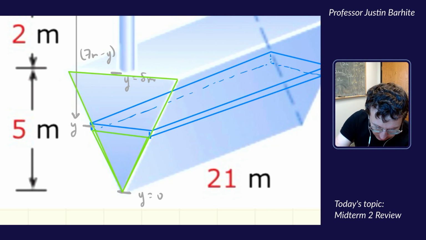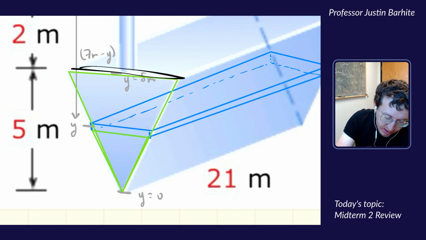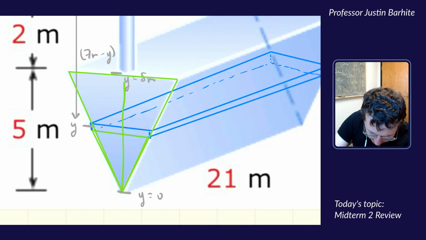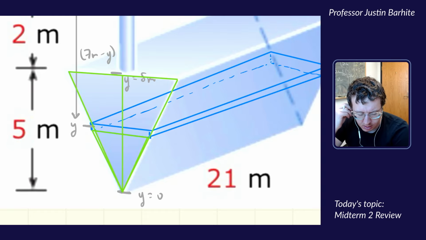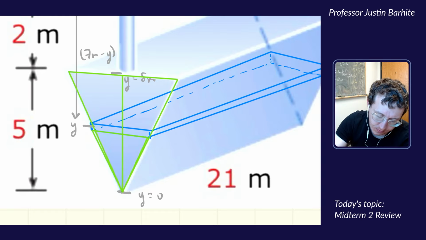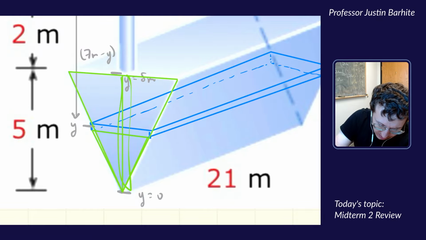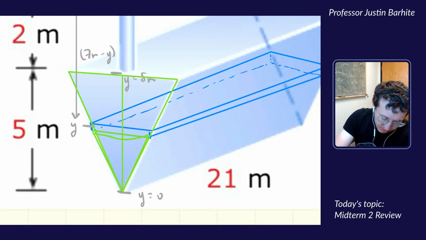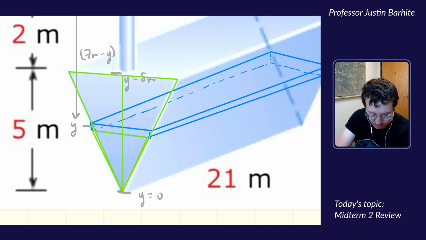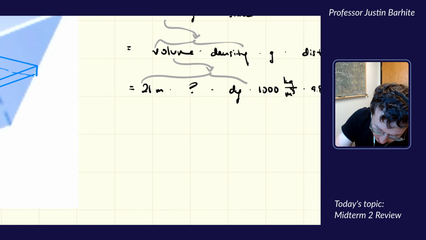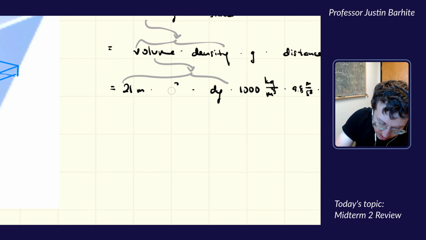So in the big triangle, I see that the top side is 5 meters, and okay, I guess if I really wanted to do this carefully, I would draw this in. But the top is 5 meters. When the height is 5 meters, that means that for the little triangle, which is similar to the big one, the top edge is going to have the same length as the height. So the width is y.